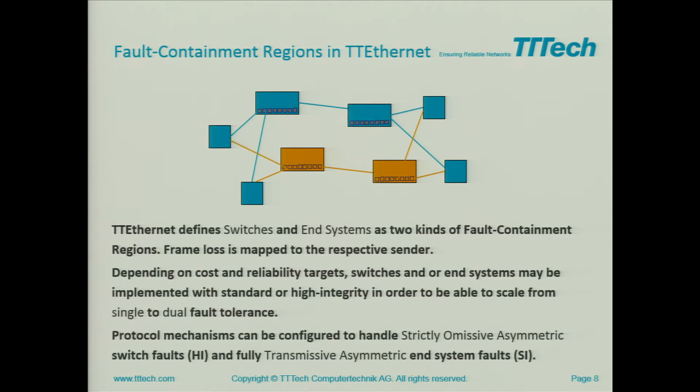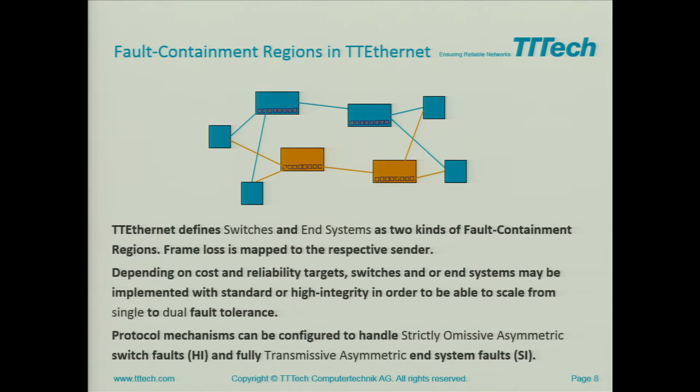So if an end system sends a packet to the switch in such a network, you have to assume that if the node is faulty and transmits a packet to the switch, the switches are checking the windows, so they are able to keep the fault within this fault containment region. So the fault does not propagate over a switch.